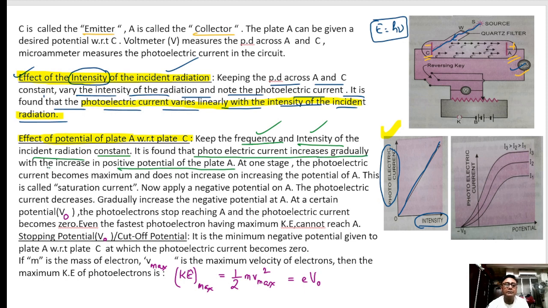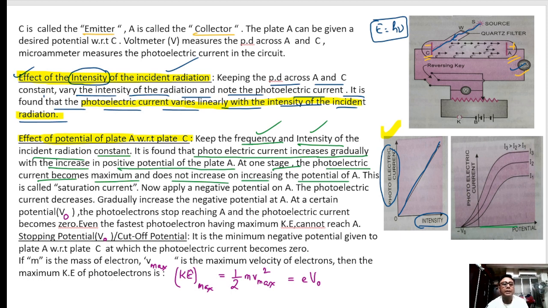When we increase the potential of plate A, the photoelectric current also increases. At one stage, the photoelectric current becomes maximum and does not increase on increasing the potential.